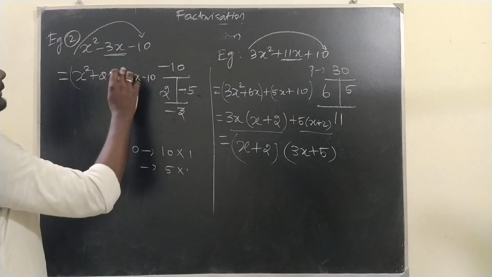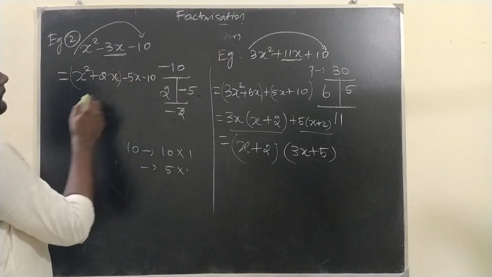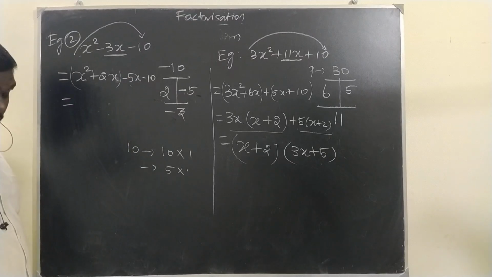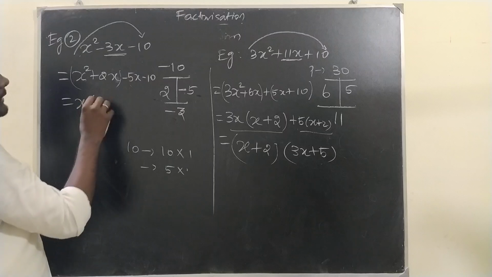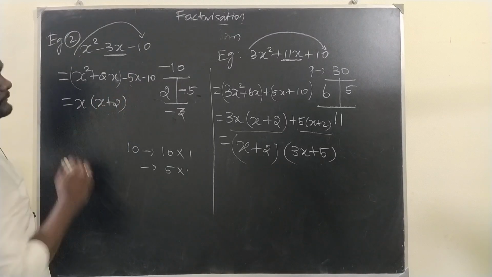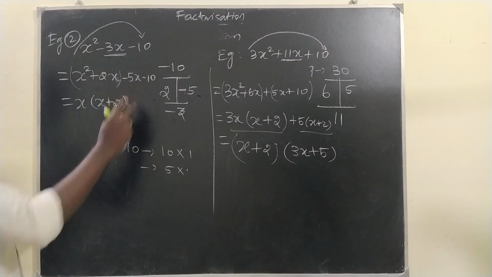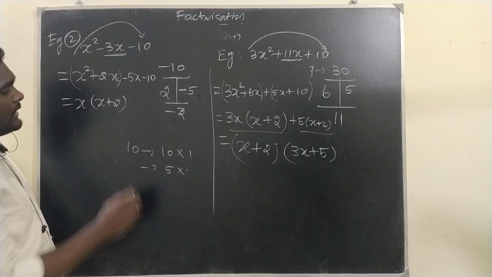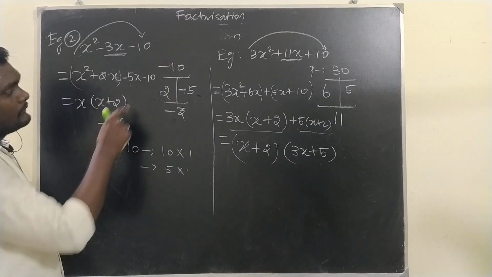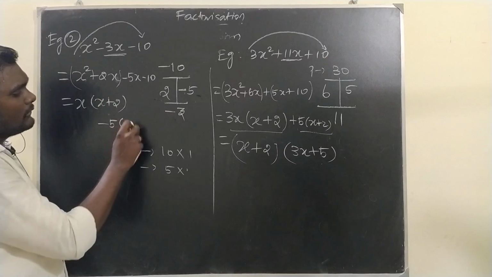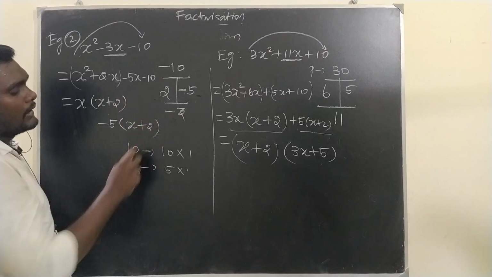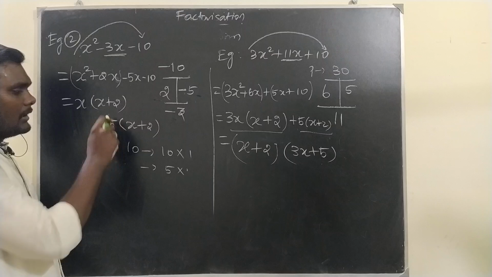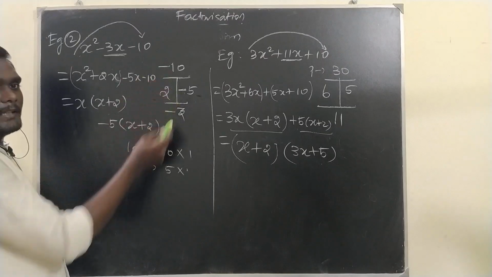From the first 2, what could be taken out? X can be taken out. So the remaining is x plus 2. From the last 2, anything that can be taken out is minus 5. Minus 5 is taken out, then here x plus 2 we will get again. How come? When you multiply minus 5, you will get again minus 5x minus 3.